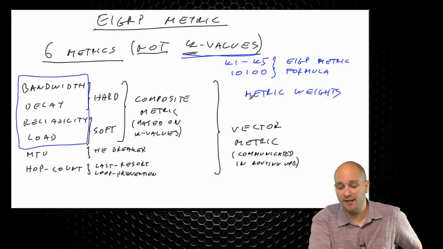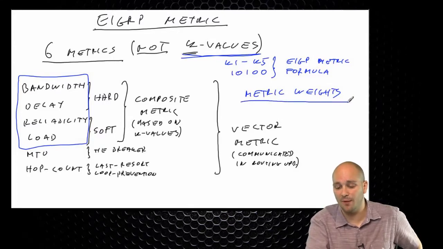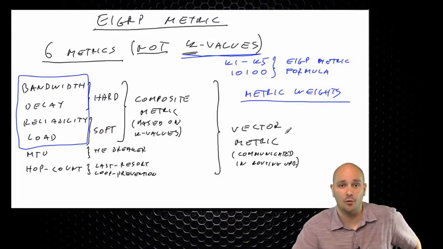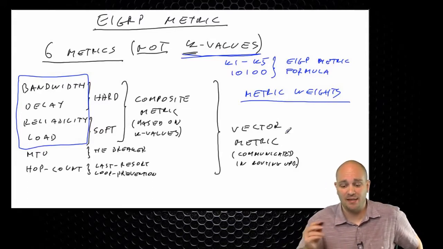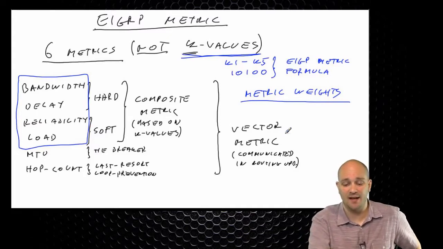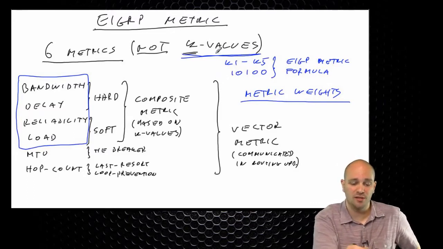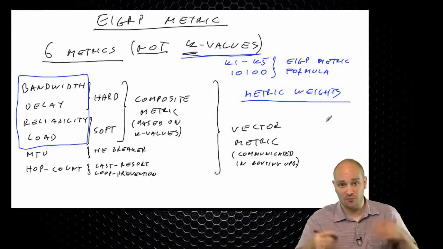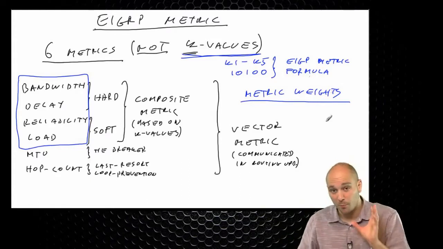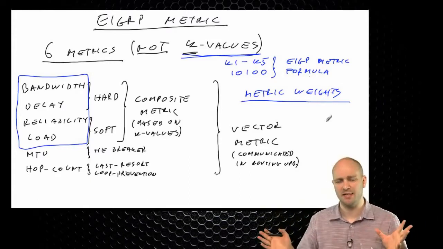Now, when you find this command, if you scroll a little bit down, you will actually find what the EIGRP metric formula is, and there you will see how these values for bandwidth, delay, reliability, and load, in combination with the K values, are used. So K values are basically just multiplying or are used to divide some of these values to come up with the value that we call the EIGRP metric, the composite metric, which is really just a big number.